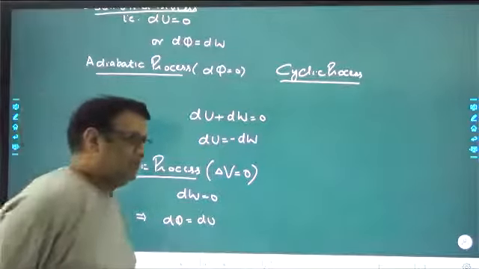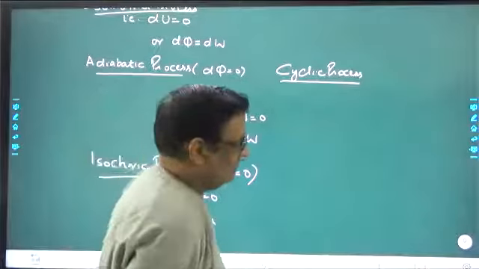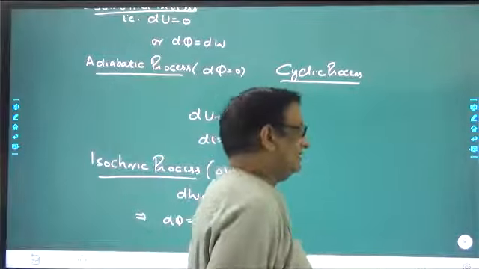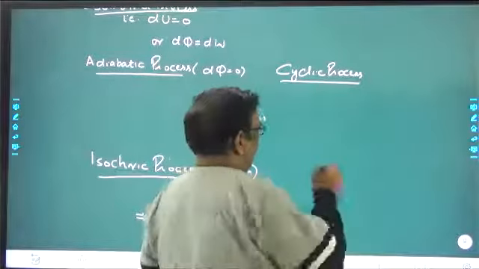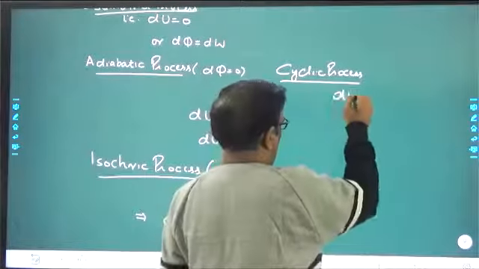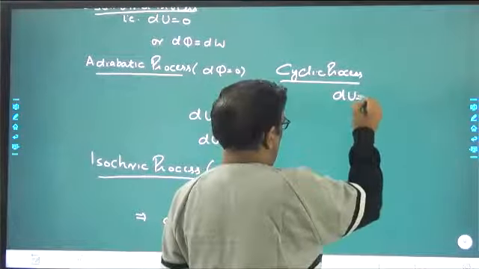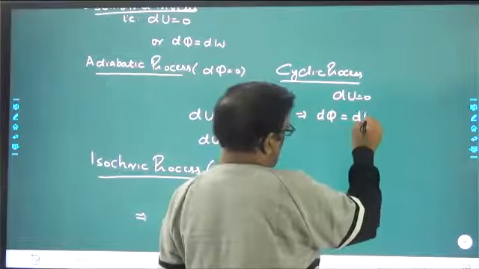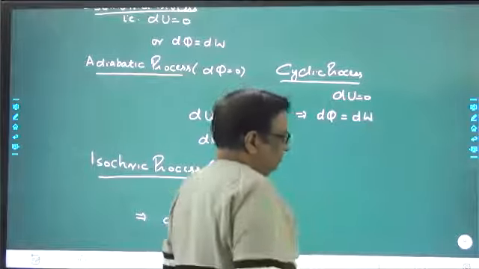Therefore, in cyclic process, change in internal energy is zero. Implies dq is equals to dw.